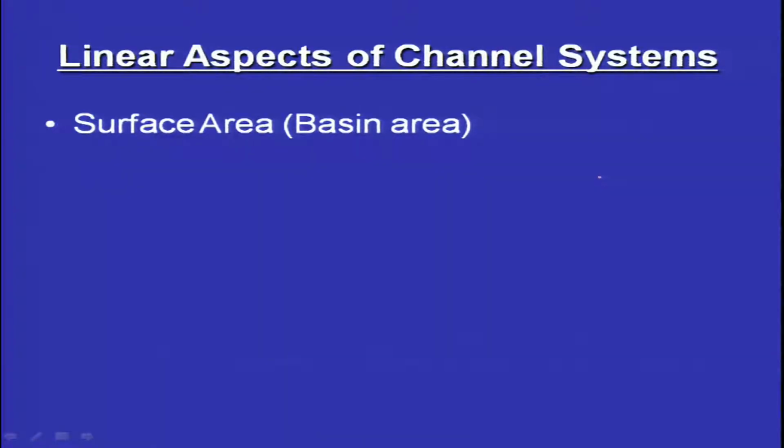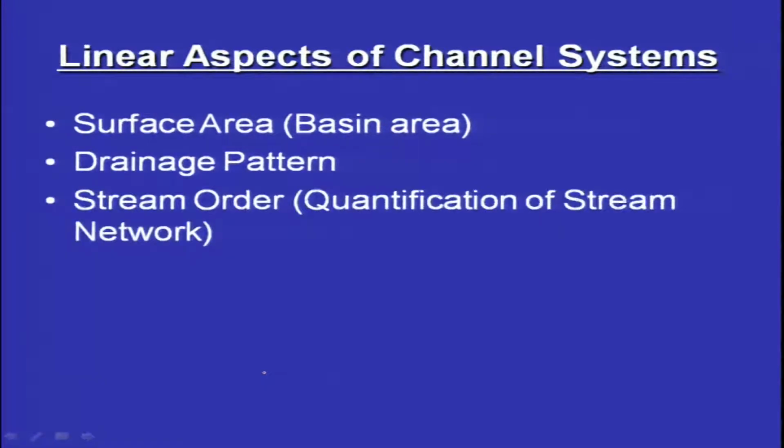So, the linear aspect of the channel system, if you take, usually what we look at is the basin area, the surface area, the drainage pattern we are interested in, and the stream order. Now, stream order, of course, you can use because most of the hydrologists will use this in quantifying the stream network, which is useful for the flood hazards and all that.